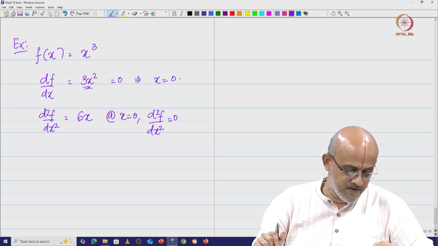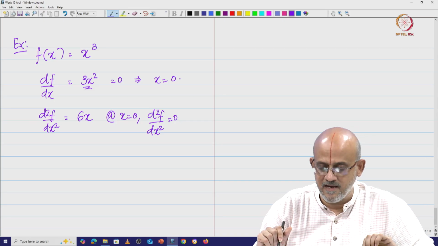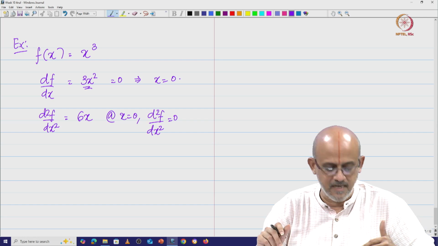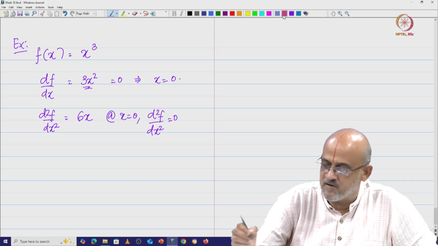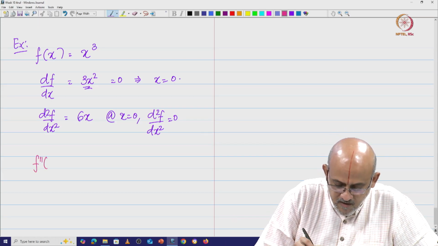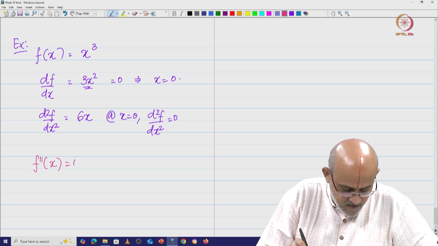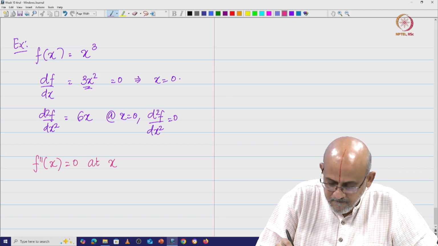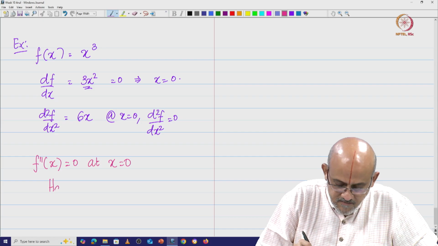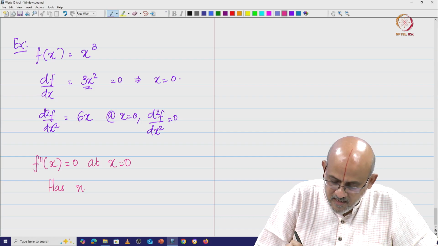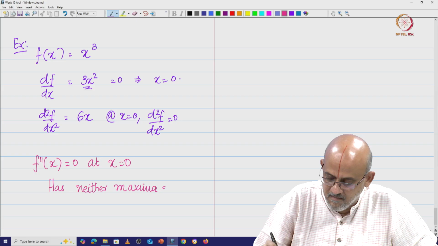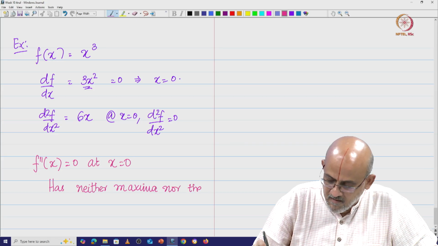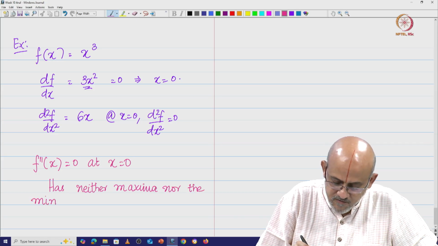So the function neither has a maxima nor a minima at x is equal to 0. So, we are going to conclude this: f double dash of x is equal to 0 at x is equal to 0, and it has neither the maxima nor the minima at x is equal to 0.